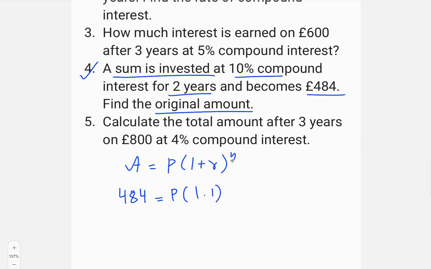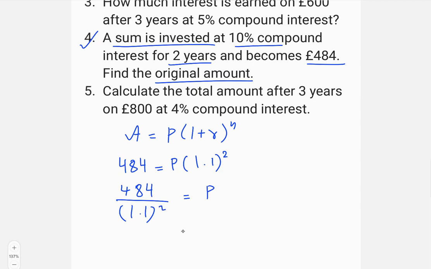And the time is 2 years. So since we need to work out P, principal, you will have to just move this whole bracket around. This bracket is multiplying with P, so you'll have to divide by this. And you can just put the whole thing on a calculator and you're going to get £400 for principal.